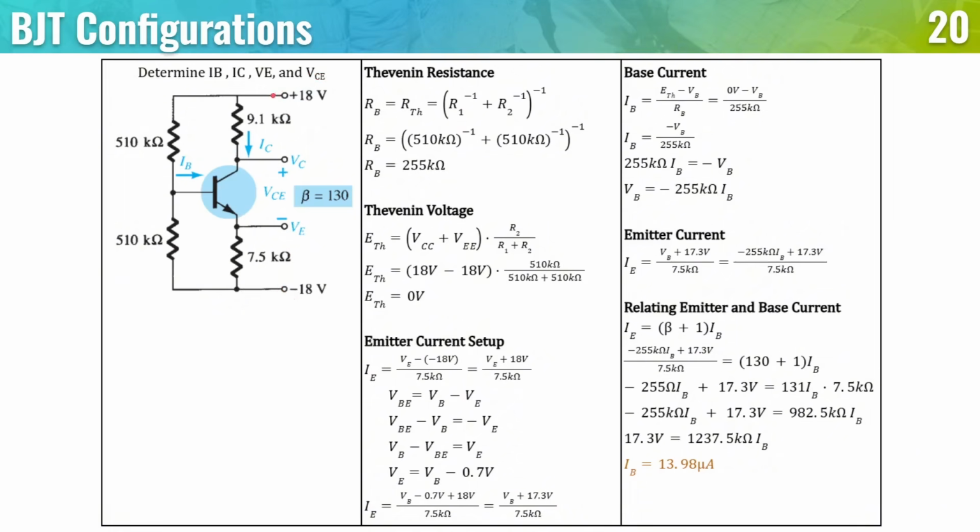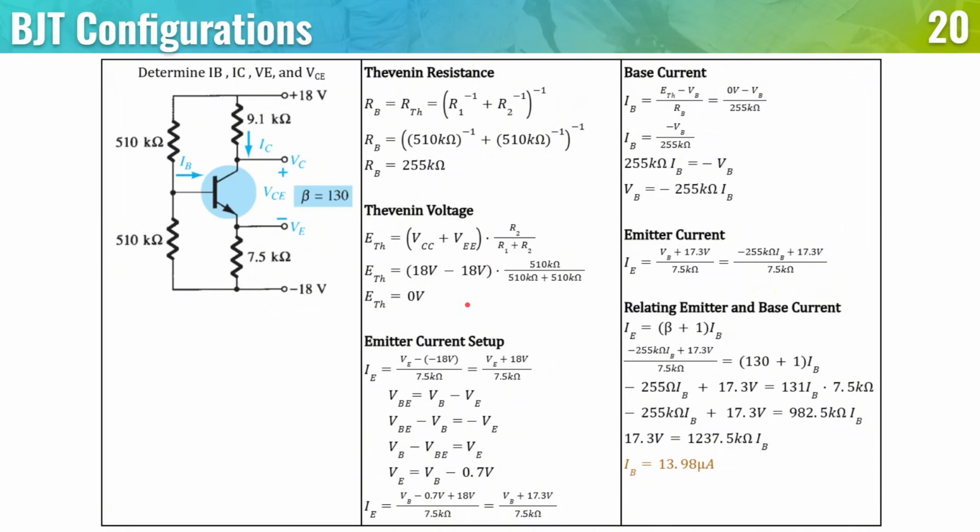However, notice that this is going this way, and presumably this is going this way as well. So that's why the second 18 is still negative. So 18 volts minus 18 volts.